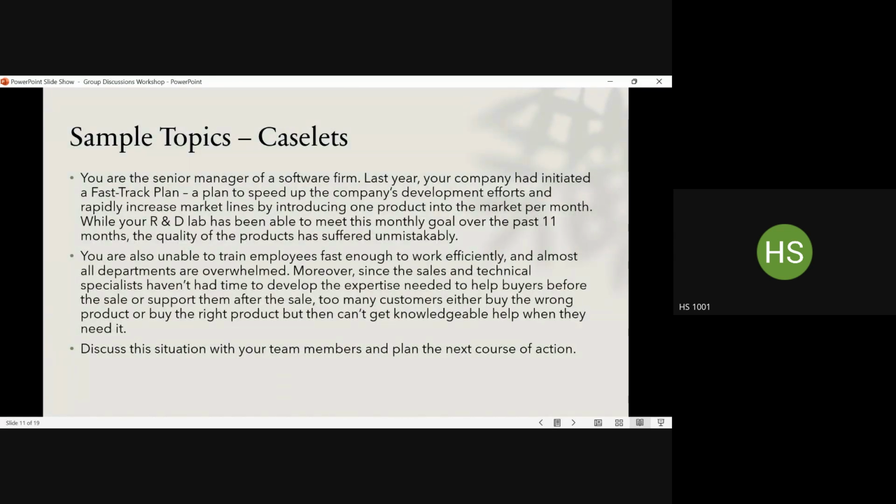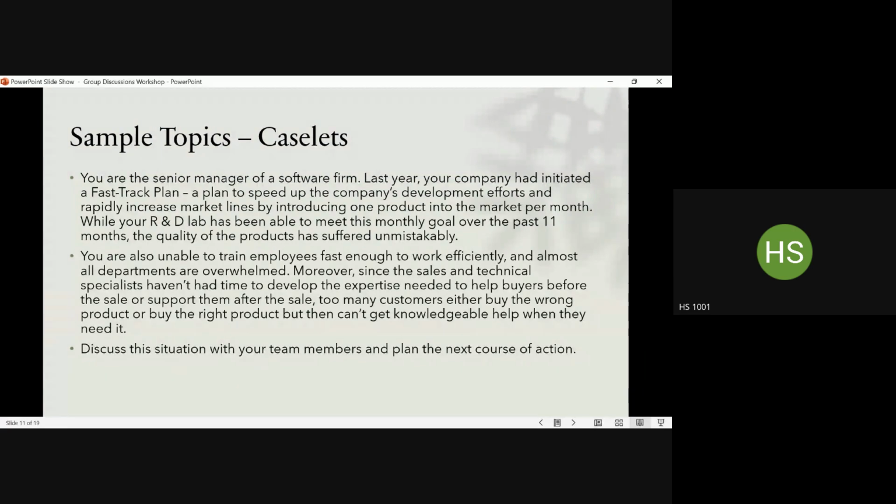This here is another kind of a topic that you can get for a group discussion. Yesterday we had looked at general topics, debatable topics, abstract topics. In addition to these three, you can also get cases or case-based topics called caselets. Okay?